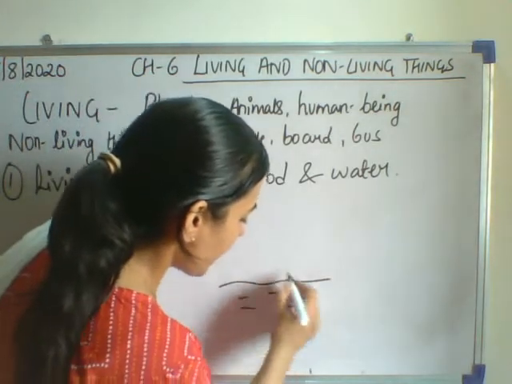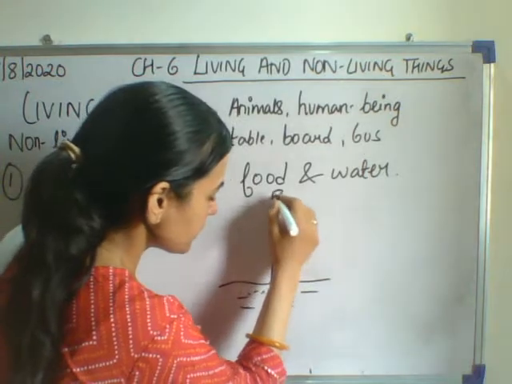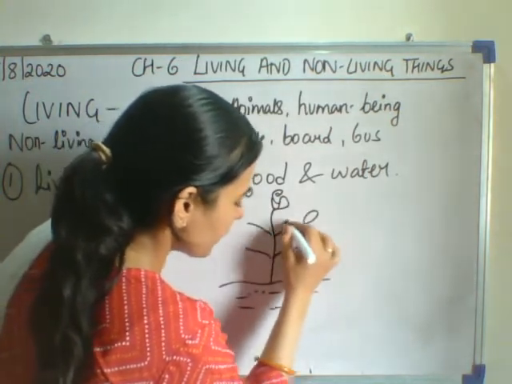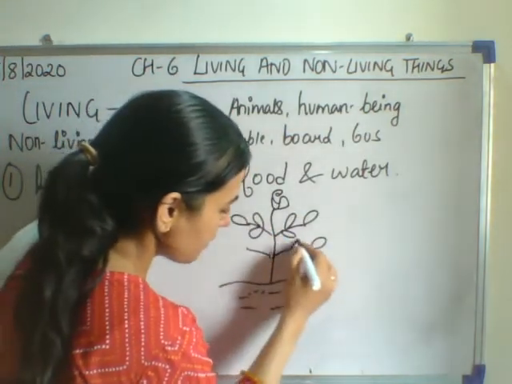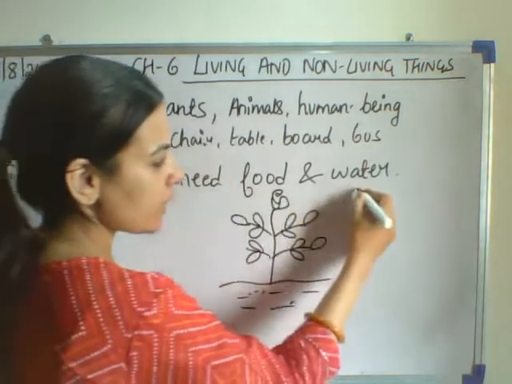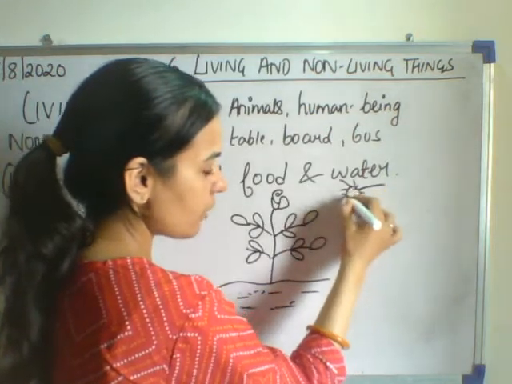Let me draw a plant. This is the soil. This is a plant. I am drawing the leaves of this plant. So what does the plant require? The plant needs sunlight. The plant gets sunlight from the sun.